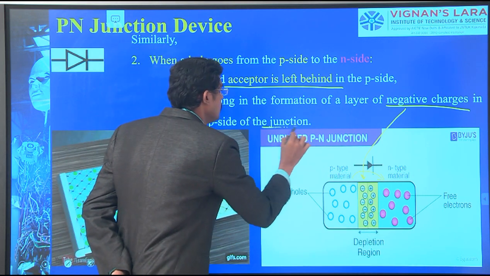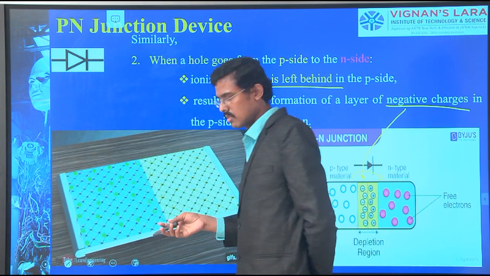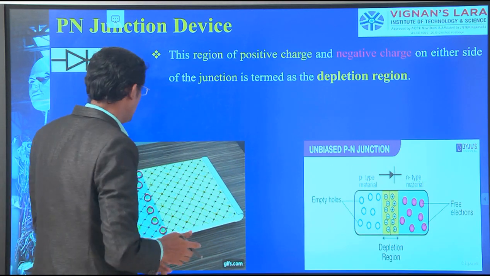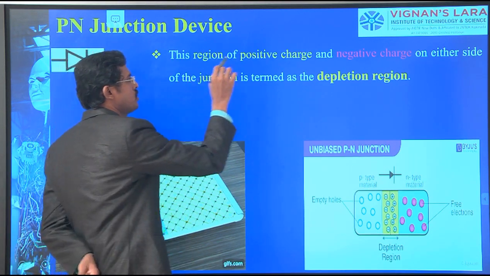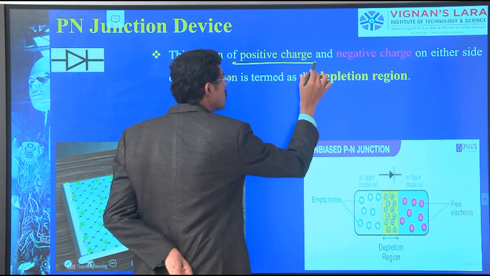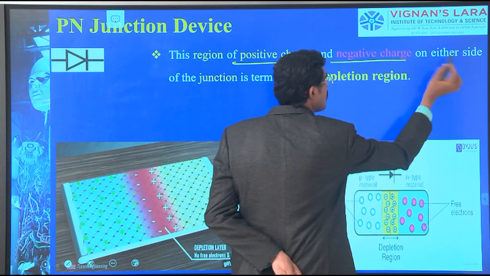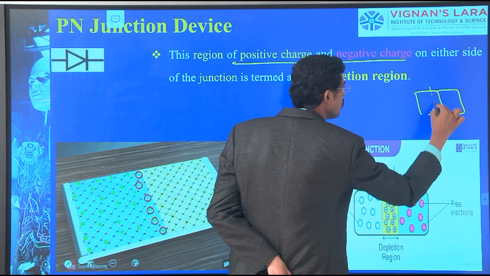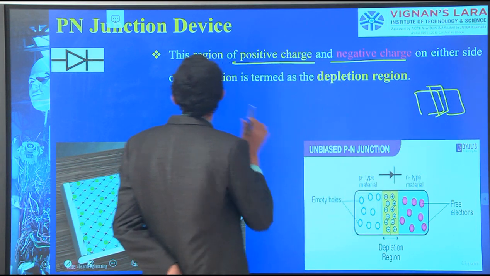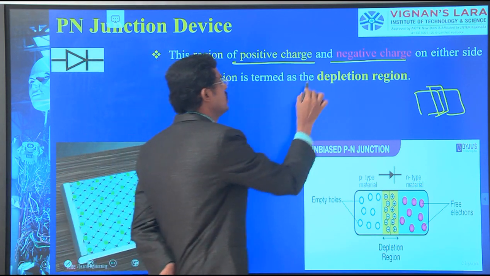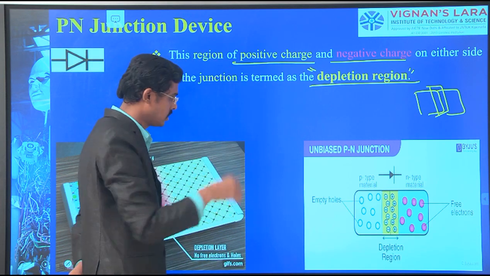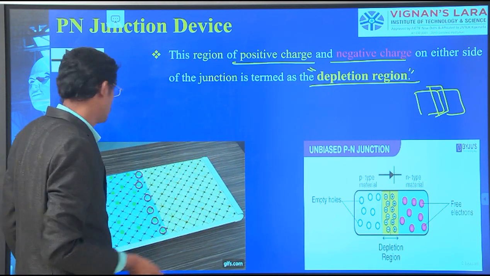Therefore, this region of positive charges and negative charges on either side of the junction is termed the depletion region. We are going to use this depletion region.